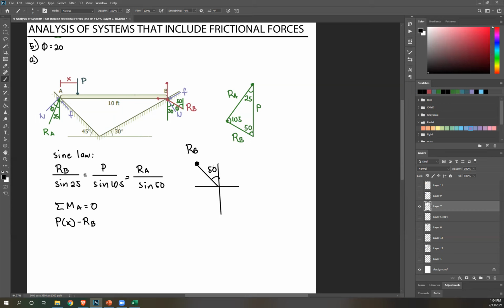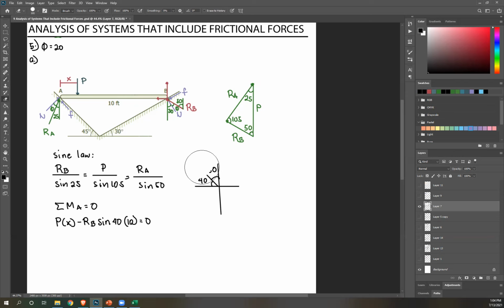So you can either use RB cosine 50, because that's this component, or, if you want, again, what we're used to is getting the angle from the horizontal. And to get that, that's just 90 minus 50, so this is 40. So therefore, the vertical component is sine 40. Okay, perpendicular distance is this length, and that's equal to 10. There's no other force involved, so equate that to 0.